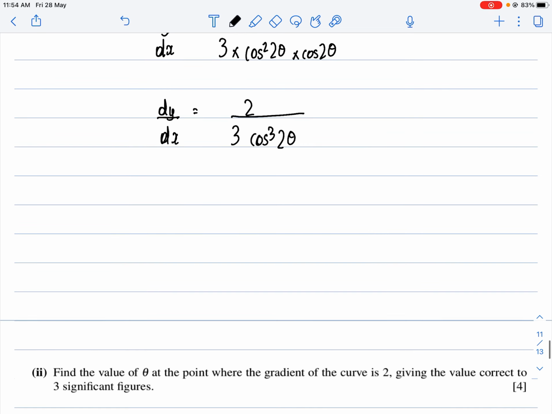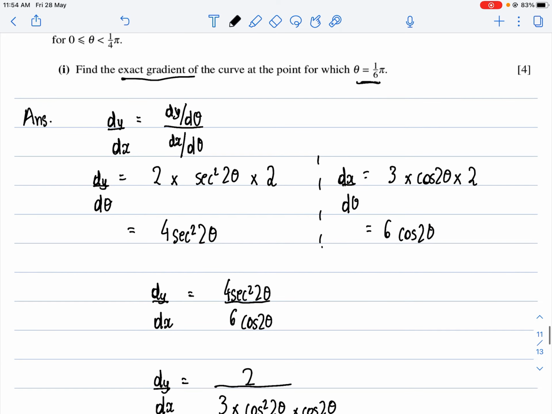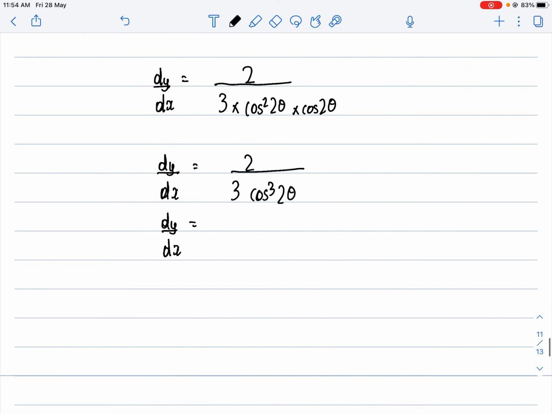Because I need the gradient, in the place of theta, I can simply put 1 over 6 pi. So I can write this as 2 over 3 cos cube 2 into 1 over 6 pi. You can simply solve this on the calculator, even I'm doing it.